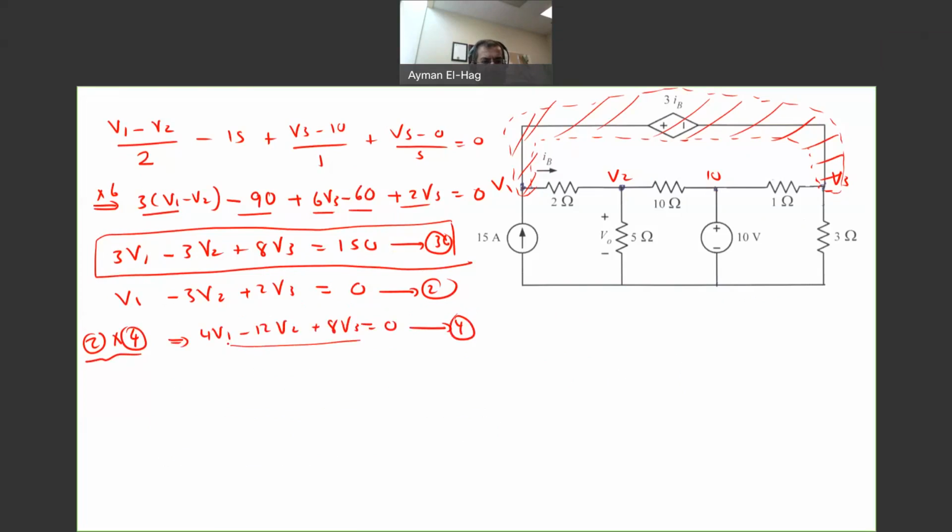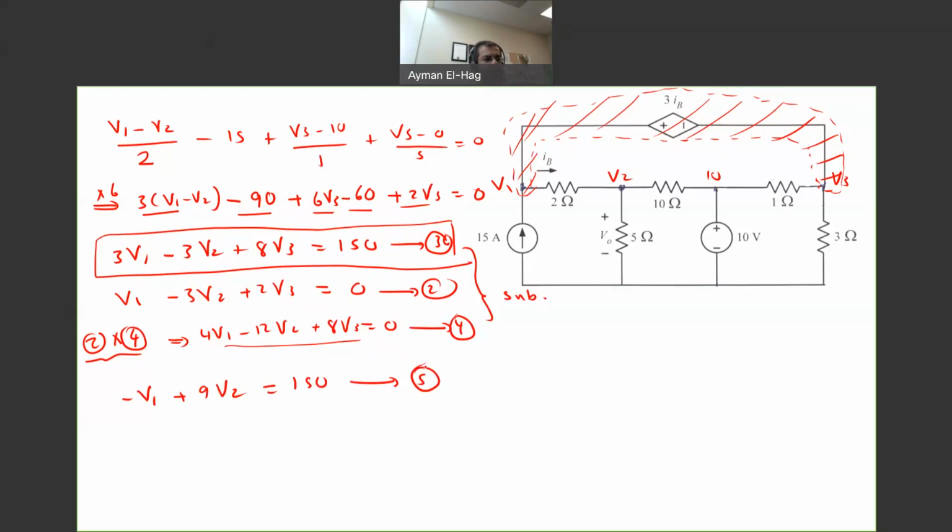So we'll have this 4 and 3. So what I will do, I will just subtract. So when I subtract, it becomes minus V1, okay, and then plus 9V2 (minus 3V2 minus 12, so plus 9V2) equal to 150, and this is my fifth equation.